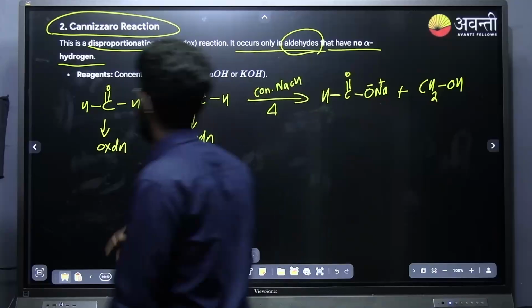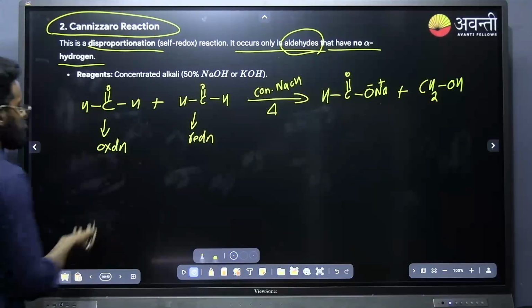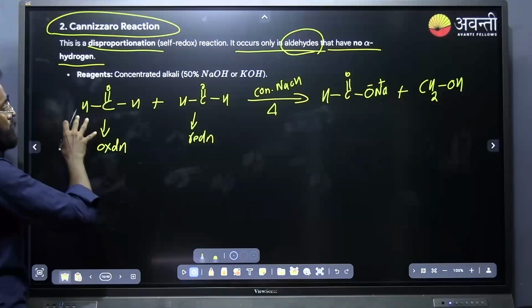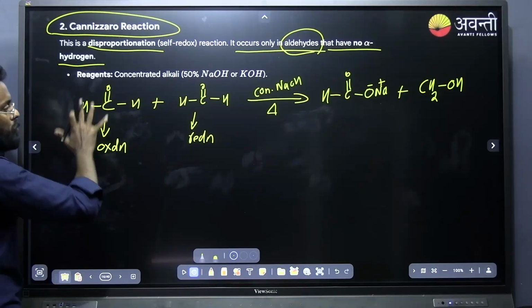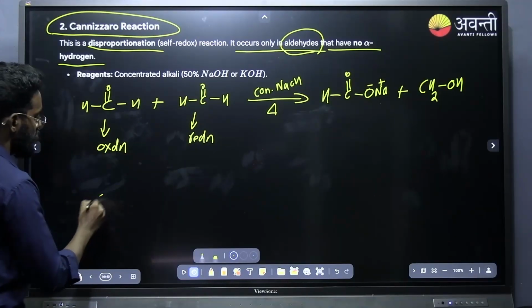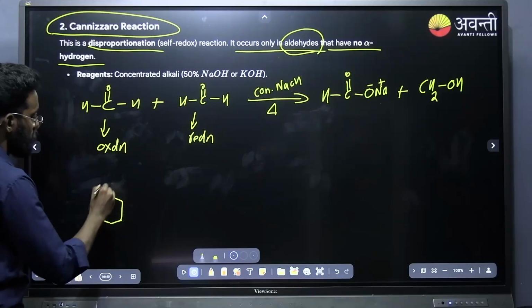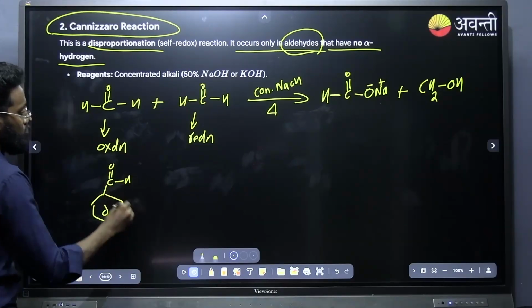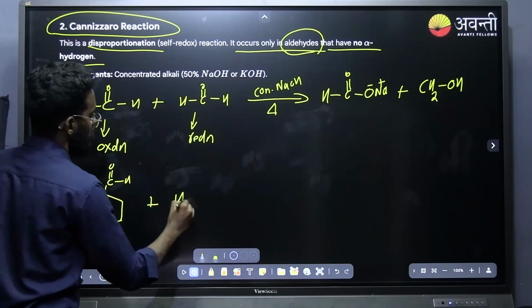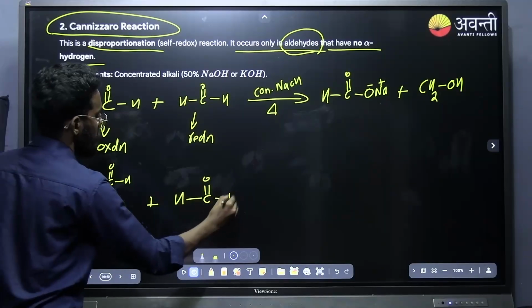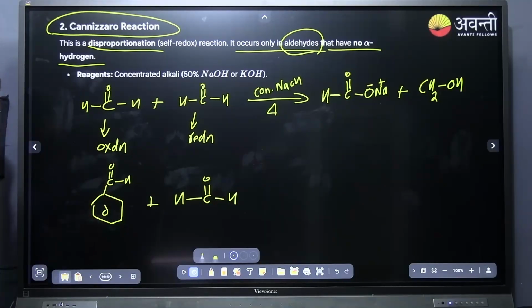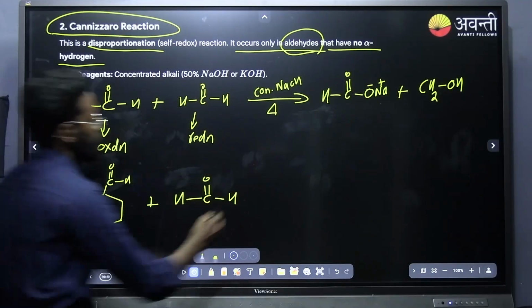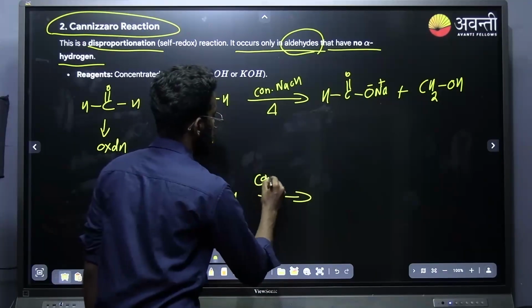This is the Cannizzaro reaction. Now my question is, instead of taking 2 formaldehydes, if I am taking one benzaldehyde and another one is formaldehyde, these two will undergo Cannizzaro reaction because they don't have alpha hydrogen. Okay, which one is going to oxidize, which one is going to reduce?